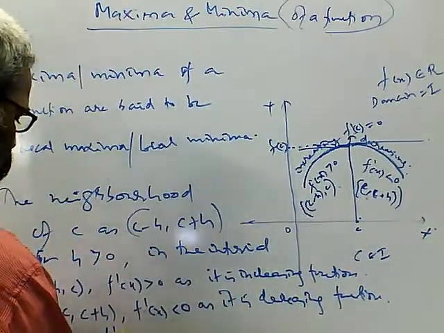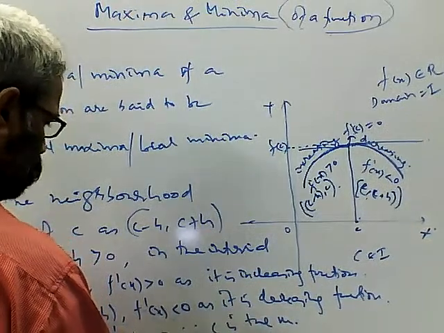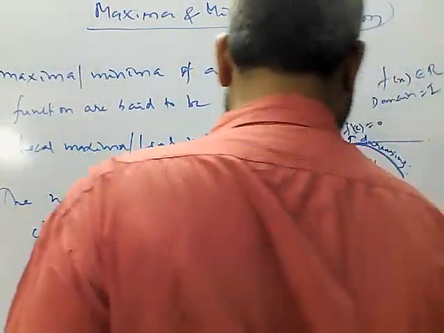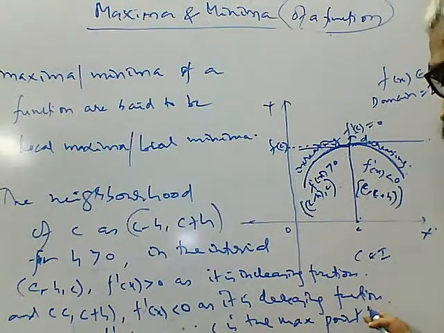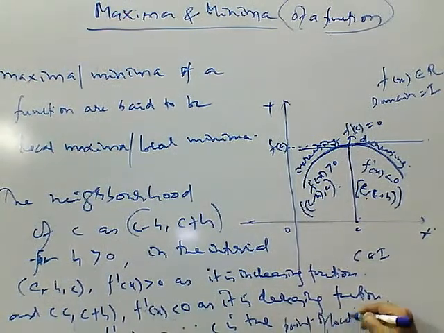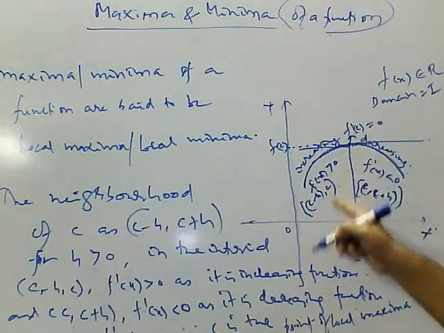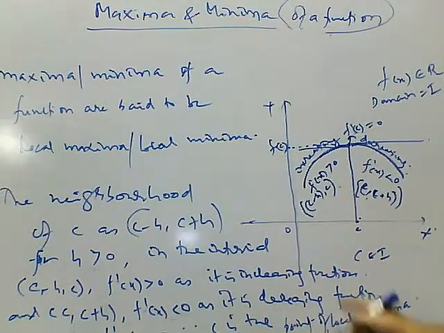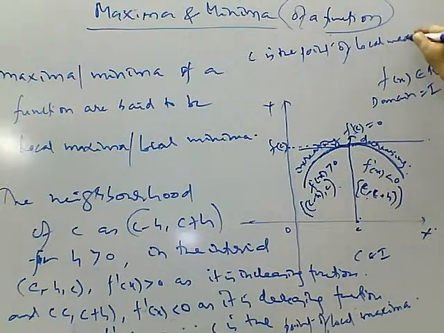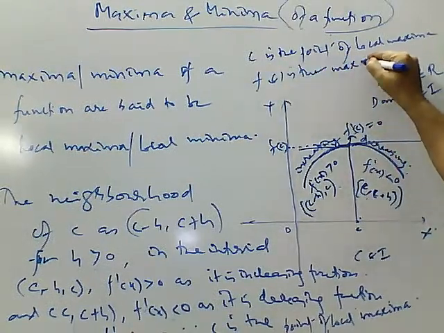Let us see, f dash C is equal to 0 since C is the maximum point, the point of local maxima, because C is inside the neighborhood. So C is the point of local maxima and f of C is the maximum value.